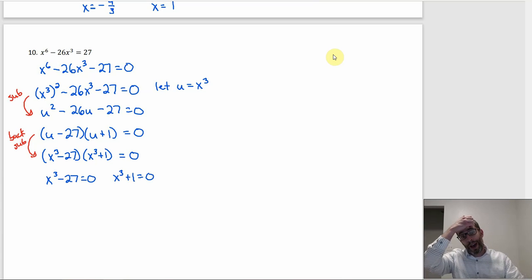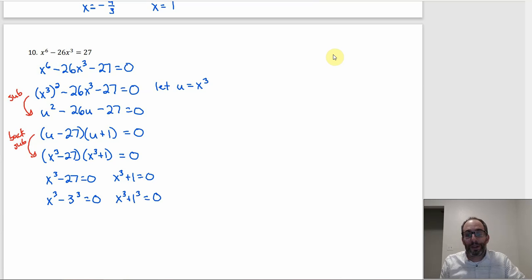And notice what we got. The one on the left is a difference of cubes, and the one on the right is a sum of cubes, because the one on the left you could write as x cubed minus 3 cubed, and the one on the right is x cubed plus 1 cubed. And we do have a way of factoring those, which is also in section 4.5. All sorts of callbacks to section 4.5 here.